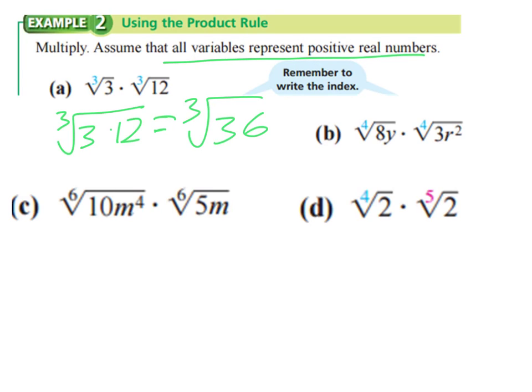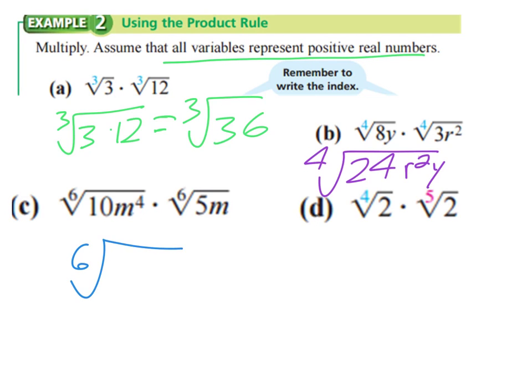For example B, we have the fourth root, and 8 times 3 would be 24, and then r squared and y. Again, can't really do anything with those, so it's just r squared times y. Example C, we would multiply the 10 and the 5 together, we'd get 50, and when you multiply m to the fourth by m, we just follow our normal exponent properties and add those exponents, we get m to the fifth power.